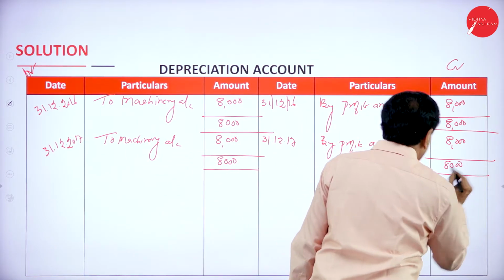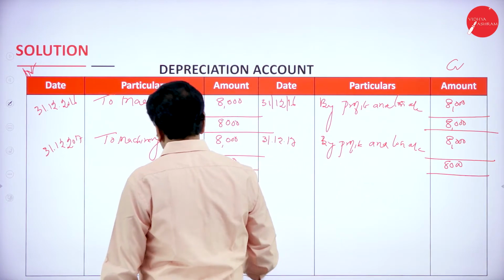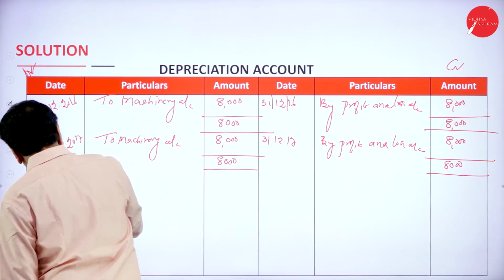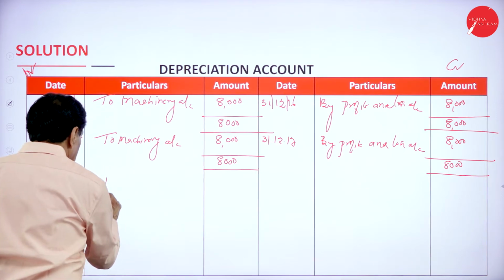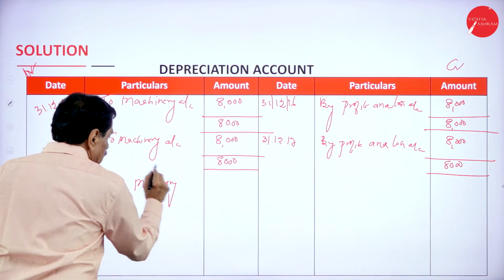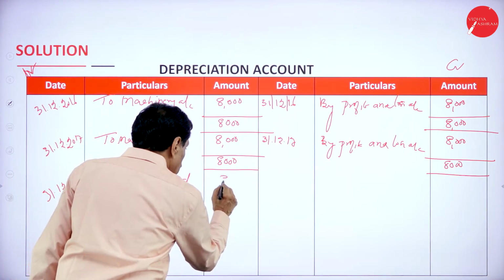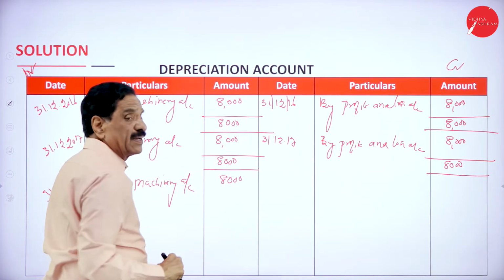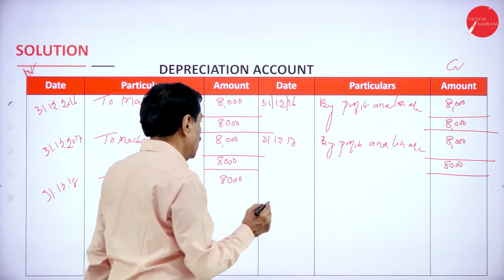Two years over. In the third year, to machinery, 8,000. Transfer to profit and loss account.